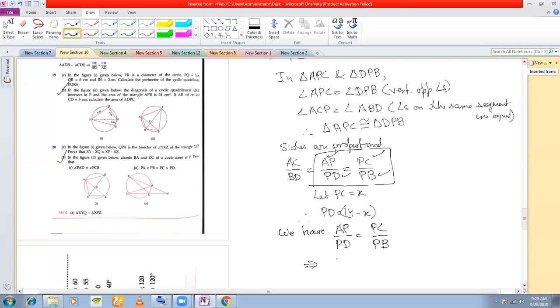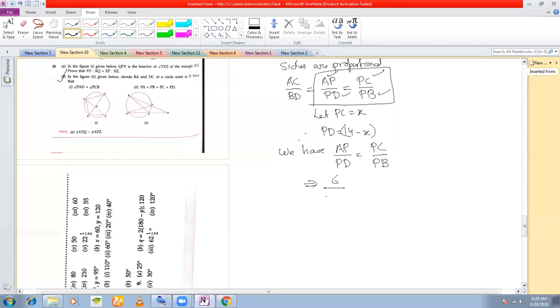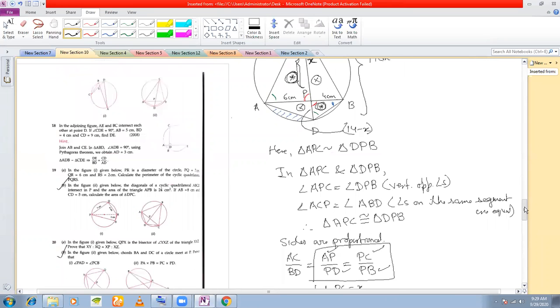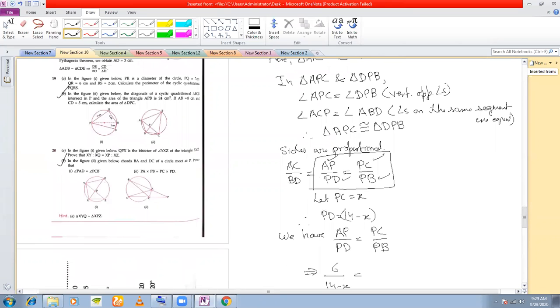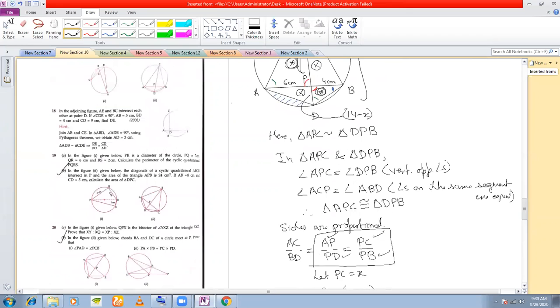AP, what is the length of AP given? Or PA? 6 centimeters. PD is 14 minus X. PC is X. We have taken PC as X. And PB we have taken 4.